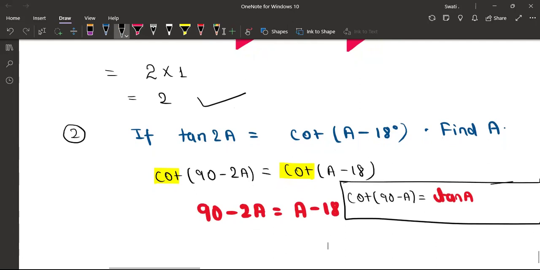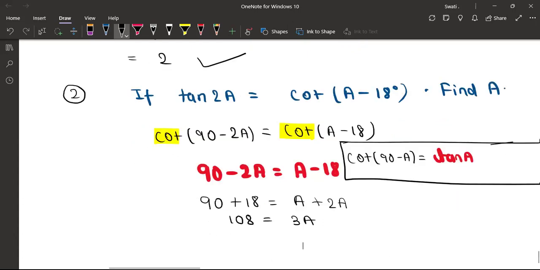So what is the answer now? It's 90 minus 2a, so we keep 90 as 90, minus 18 shifted becomes plus 18, here we keep a as a, and minus 2a shifted becomes plus 2a. What is 90 plus 18? It's 108, right? And what is a plus 2a? It's 3a. So 108 is equal to 3a, Manya.